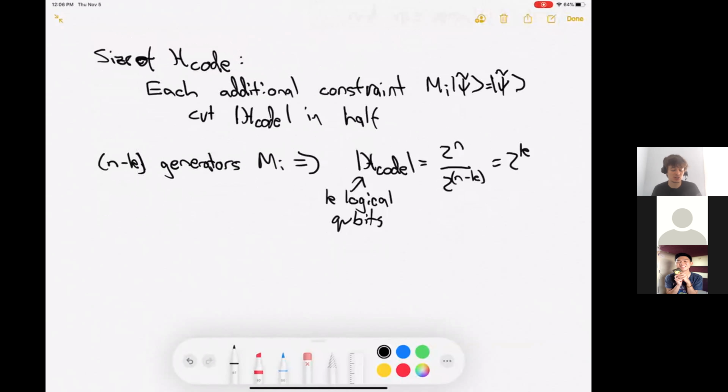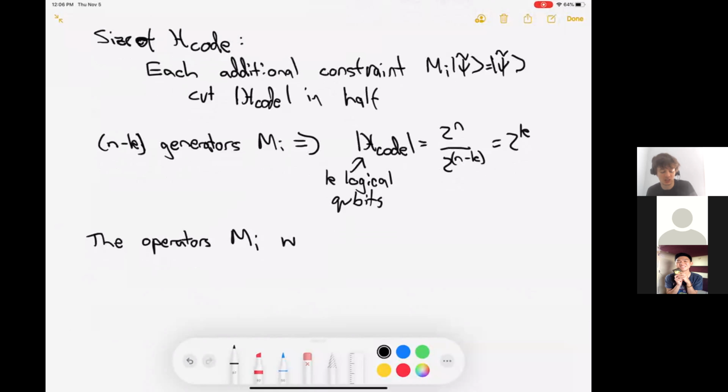Moreover, by construction, we automatically know what the right operators are to measure to know whether an error has happened and what errors happened. We're just going to use these operators Mi.